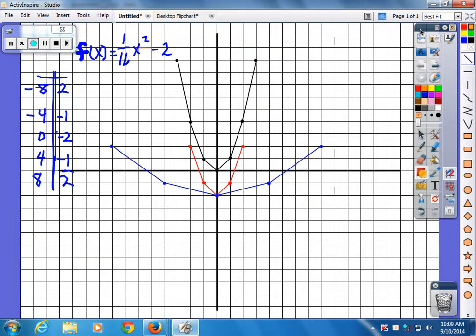When we get into our computer, it asks for the horizontal stretch and the vertical stretch, and then it asks for the shifts. How would you put it in there? The stretch will be 1/16, because that's A. And your vertical shift is negative 2. The K, right there.